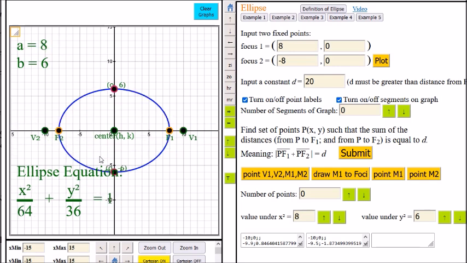So here's our ellipse again. The value under the x squared is 64. The value under the y squared is 36. And now let's make this number larger than this.